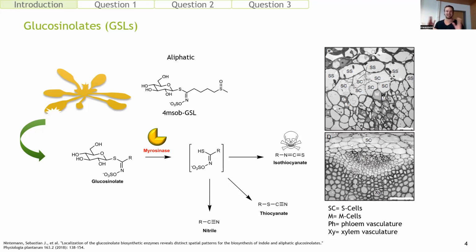These so-called S cells, or sulfur-rich cells, contain high levels of glucosinolates, as these are very sulfur-rich compounds, and then dedicated idioblasts in close proximity contain high concentrations of myrosinase. And it's important to note for this talk that this type of defense seems to be very well localized surrounding important tissues such as the phloem.